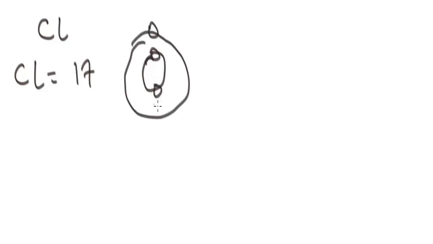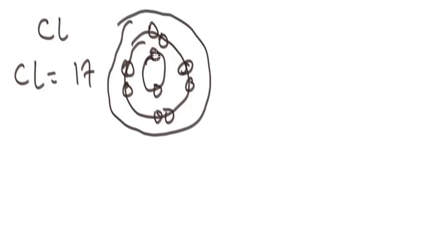The second shell contains a maximum of 8 electrons. So we have 10 electrons, now remaining 7. So we put them in the third shell, that's 17. This is the atomic structure of chlorine.